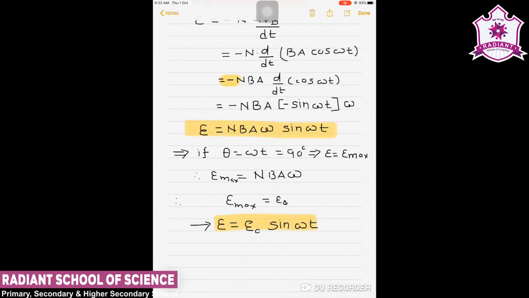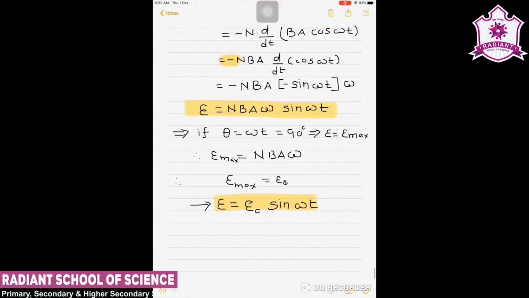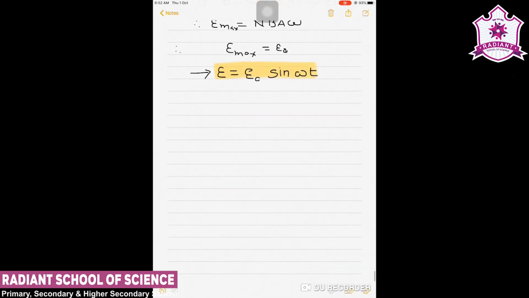Here the angle varies from 0 to 360. If we draw the graph for that also, we can have the representation of the equation in this manner.